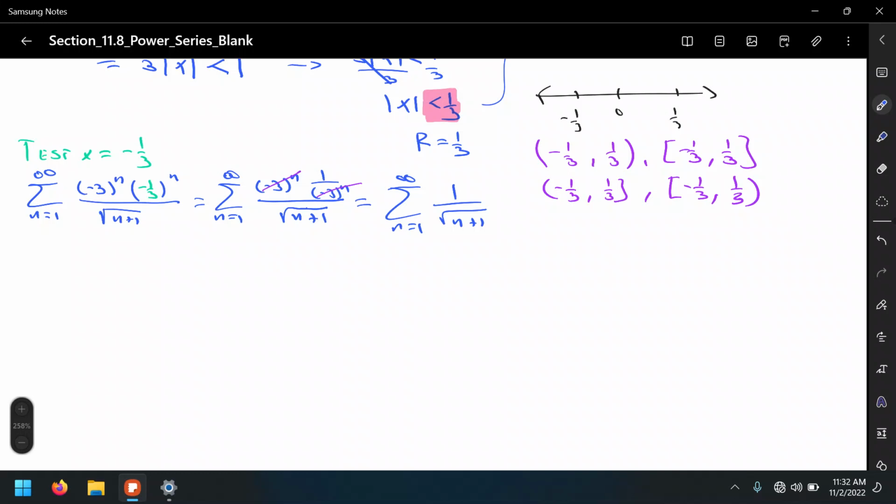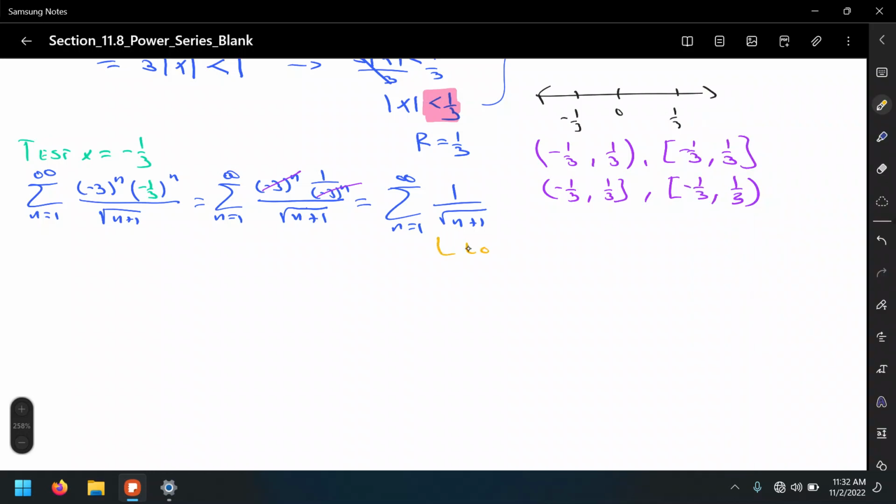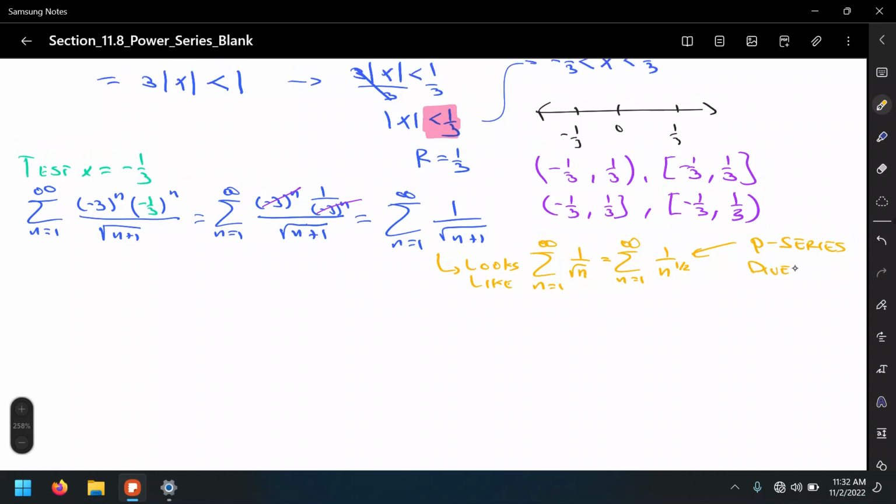Because if we neglect that 1, this series looks like sigma n equals 1 to infinity, 1 over the square root of n, which is 1 over n to the 1/2, and this series is a p-series, and in fact it's a divergent p-series.